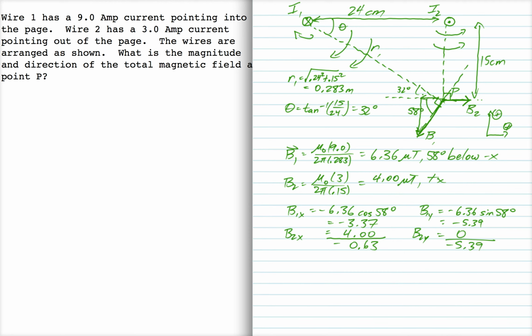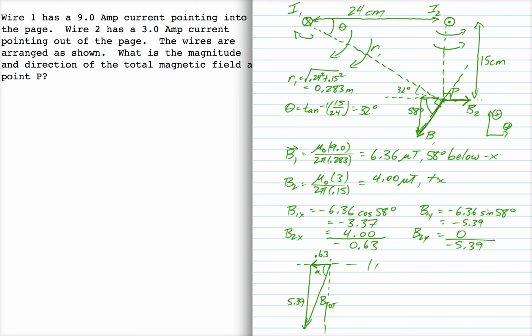So, I'm going to combine these two now, make a little coordinate system. We're going to go 0.63 in the minus x direction, and we're going to go 5.39 in the minus y direction, and that's going to be our total resultant magnetic field. It's going to make some angle alpha with the minus x-axis.